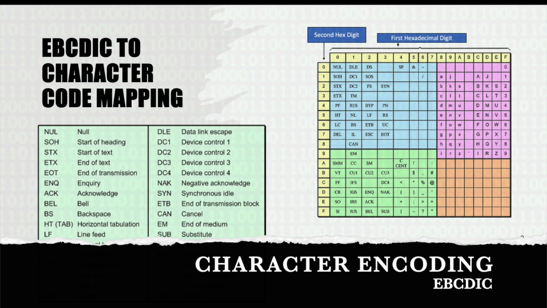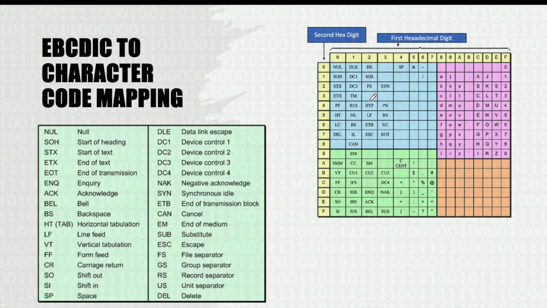So this is the EBCDIC character encoding. In a byte there are 8 bits, which can be represented by 2 hex digits. So one byte would be one character in EBCDIC. The first hexadecimal digit is represented here and the second digit is represented here.